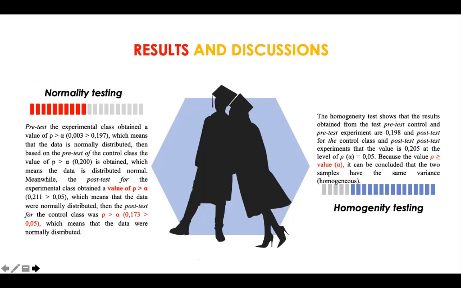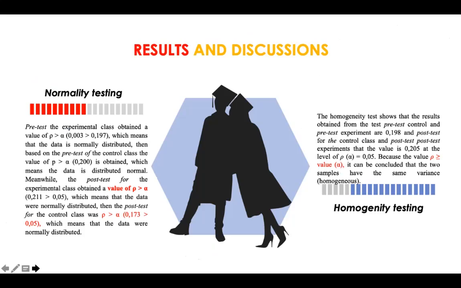And for the statistics, I am using normality testing. Normality testing is to see whether the data is normally distributed or not before testing the hypothesis. The normality test aims to find out whether the data analyzed comes from a population with a normal distribution or not.